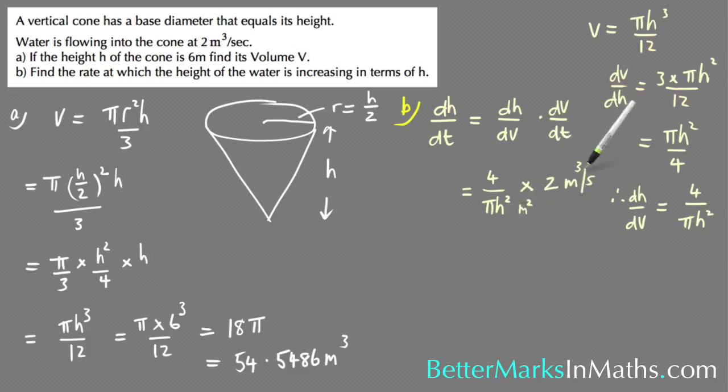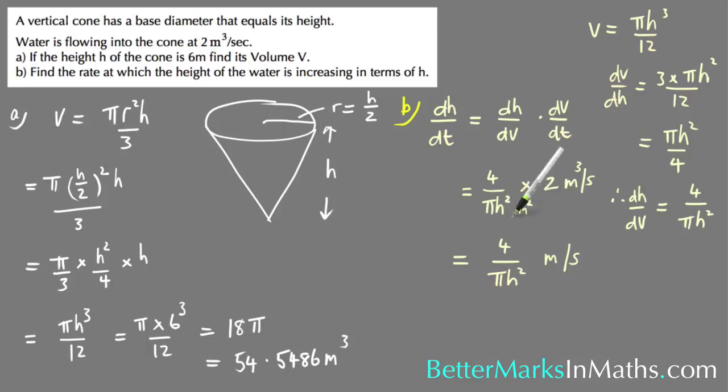And then that would cancel into the meters cubed to give you meters per second. So 4 on pi h squared meters per second, which is the right unit for a change in height with respect to the change in time.